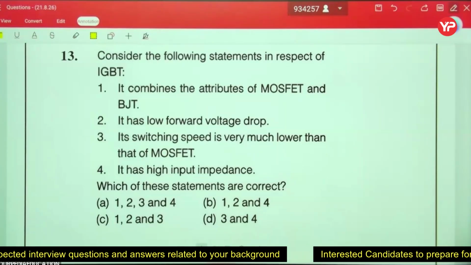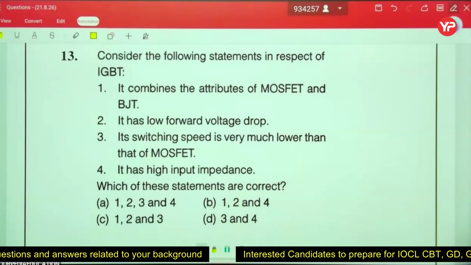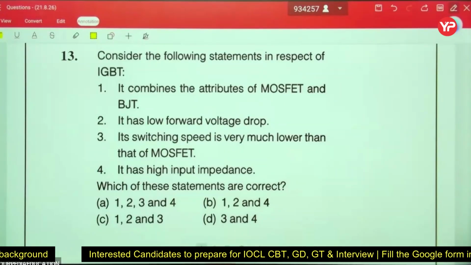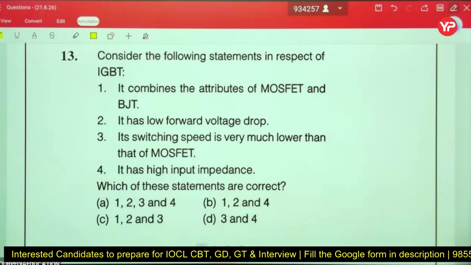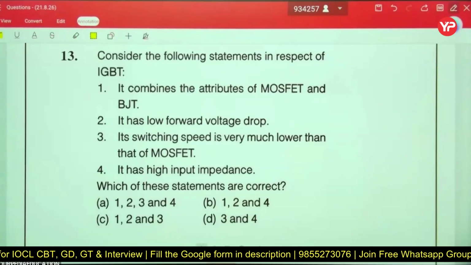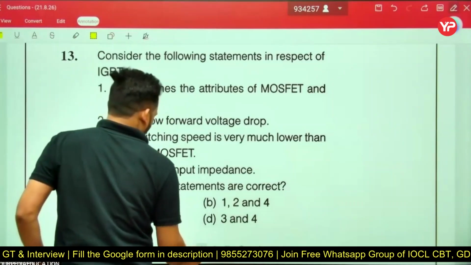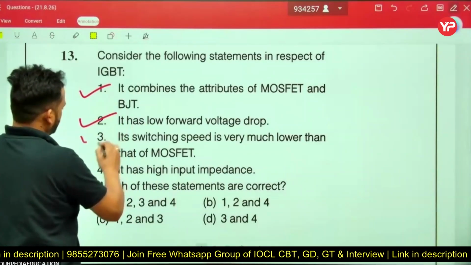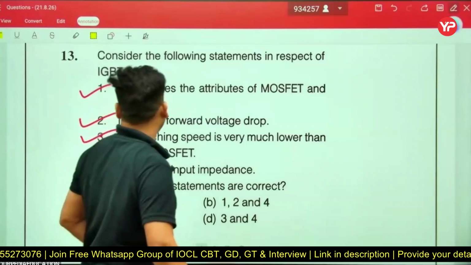Option A. Good, Shreya. Very good. It has high input impedance. Both the options are correct. This is the most important question related to IGBT. This is also correct. So A is the right answer.